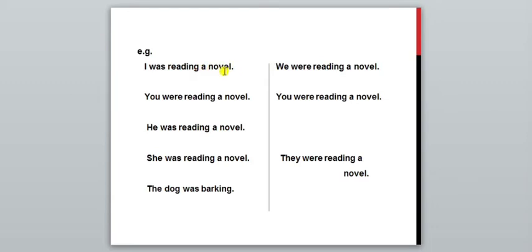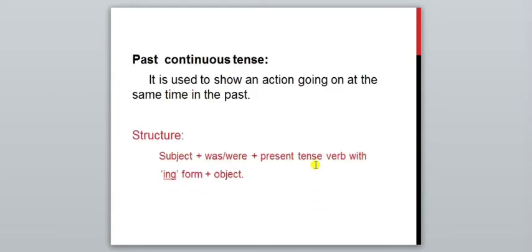You can change the objects, you can make many sentences. You can change the verb, you can make a lot of sentences. Just what is essential? You should know the correct sentence structure of that particular tense, means of the past continuous tense, because at this moment you are learning the past continuous tense only.